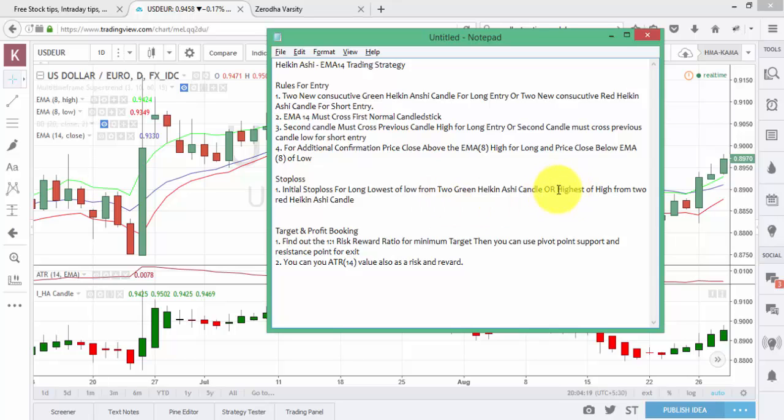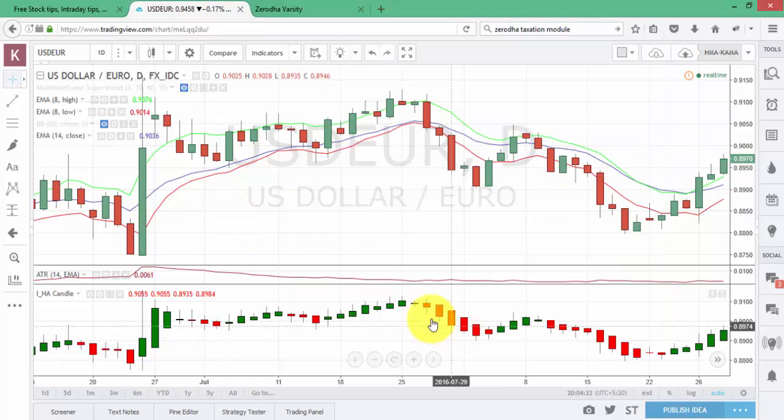So let's look at the highest high of the two red Heikin Ashi candles. So these are the two consecutive candles and the high value is here, and it is 9118. So our stop loss is 0.9118 and the entry point is 9025. So almost 100 pips of stop loss we set. You can set 100 pips for a stop loss.